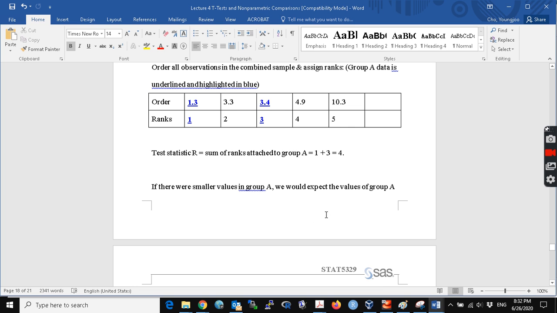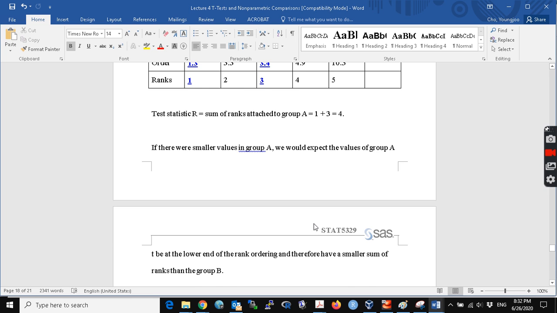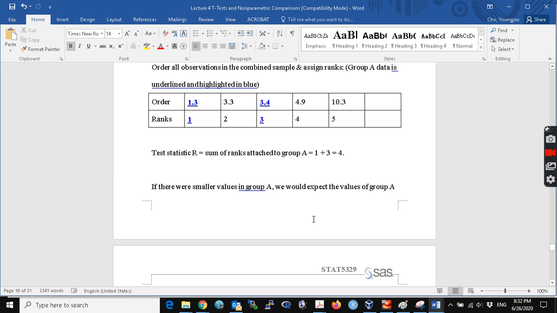And then if we have smaller ranks in group A, we expect that the values of group A are lower, hence a smaller sum of ranks than group B, which means that group A has a smaller mean than group B. So by calculating ranks on this testing, we can decide.